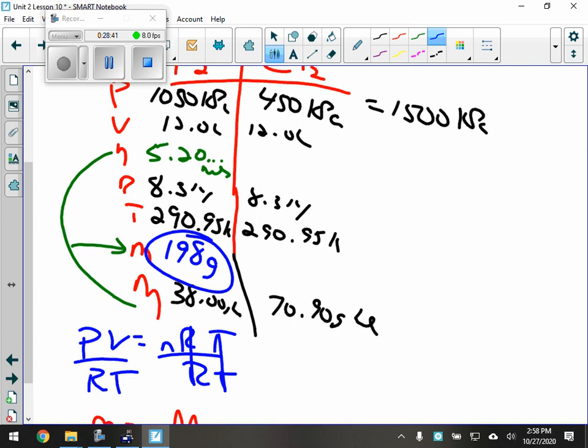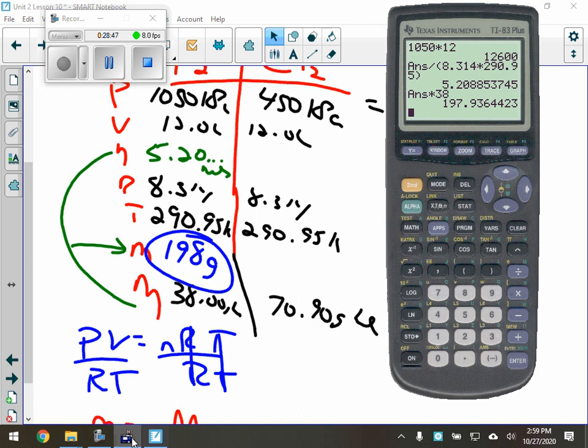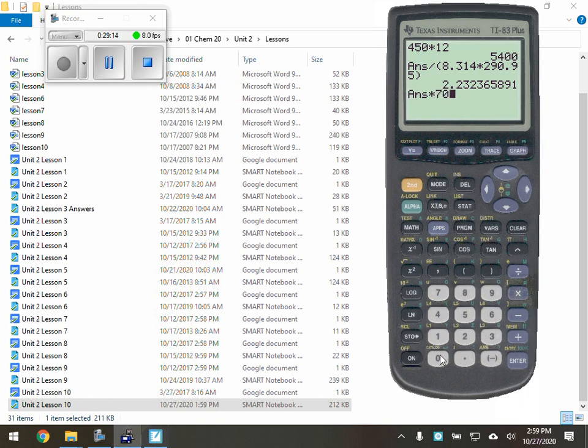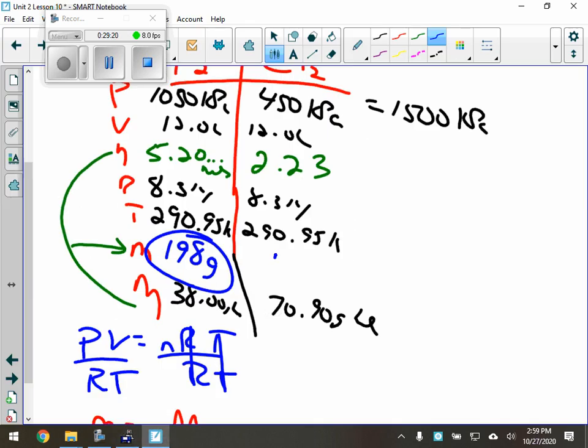Okay? On the other side here, again, I'm going to use the 450 here and a V. So what do I got? 450 and 12 divided by 8.314 and 290.95, and I get 2.23 here. 2.23-ish moles with the molar mass times 70.90, and I get 158 grams, 3 significant digits.